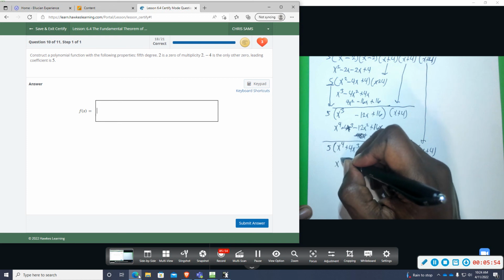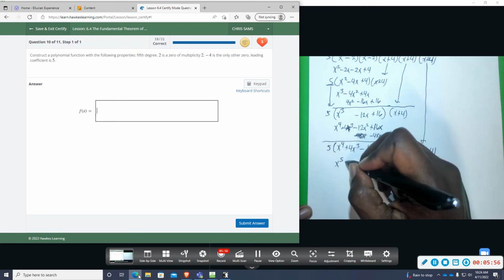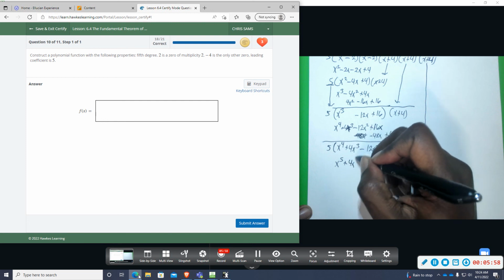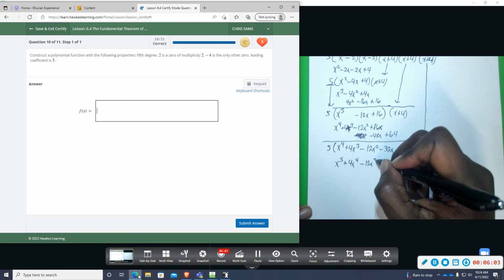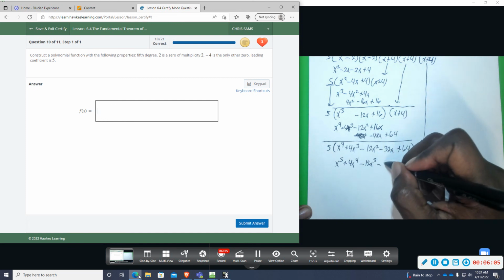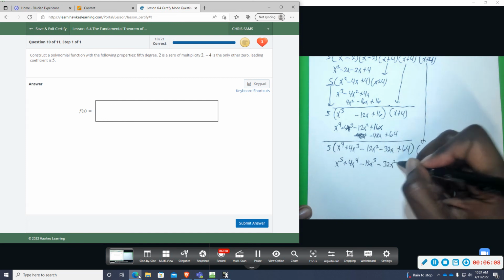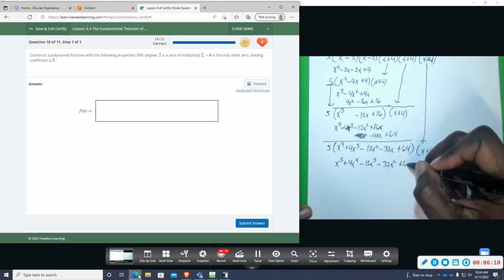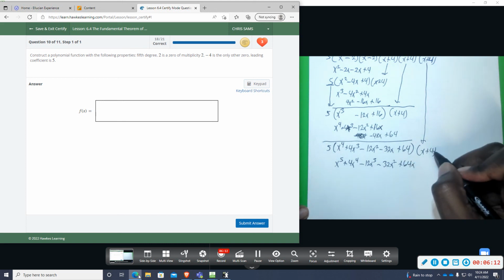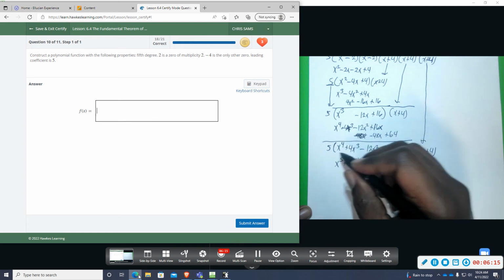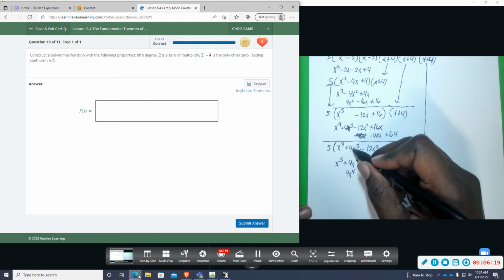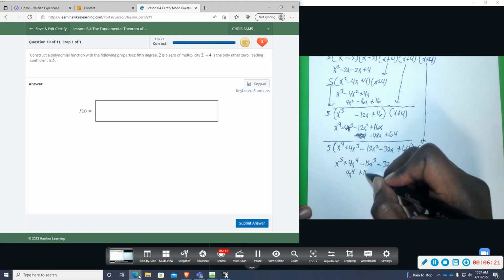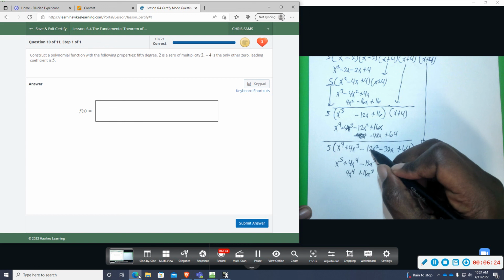X to the 5th plus 4x to the 4th minus 12x to the 3rd minus 32x squared plus 64x, and then everything times 4 is going to give me 4x to the 4th, 16x cubed. 4 and 12 is 48, so negative 48x squared.